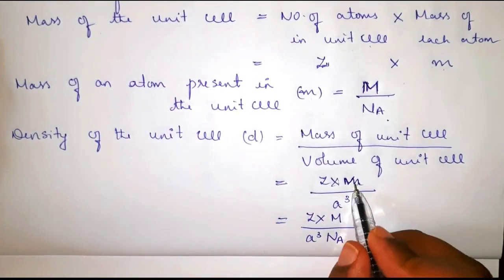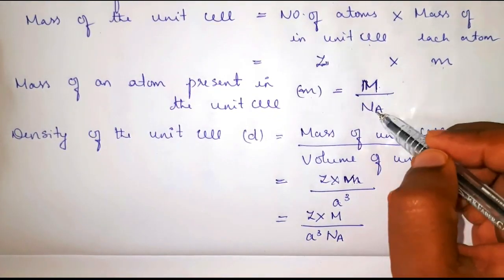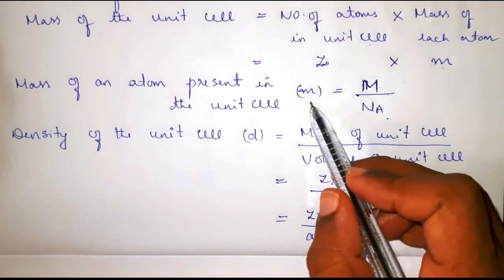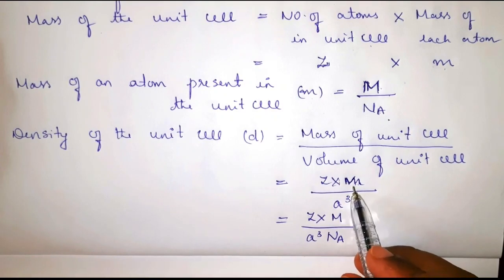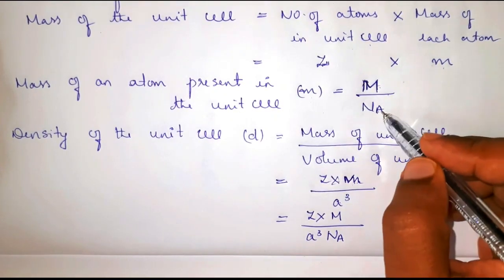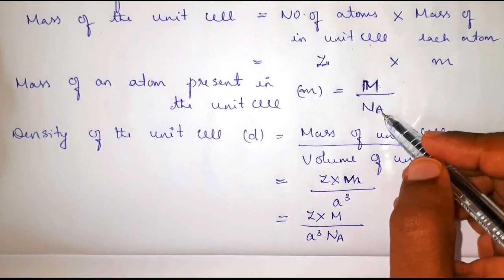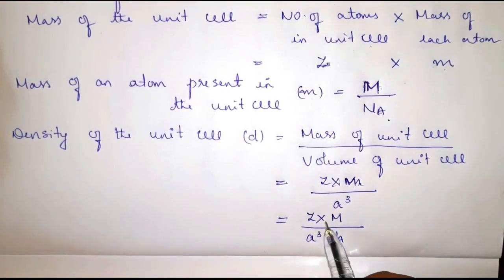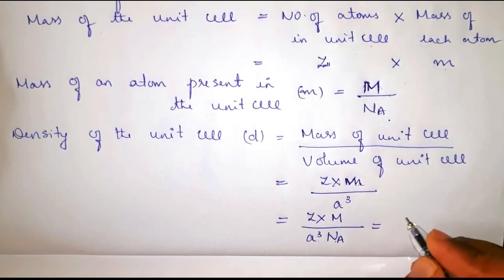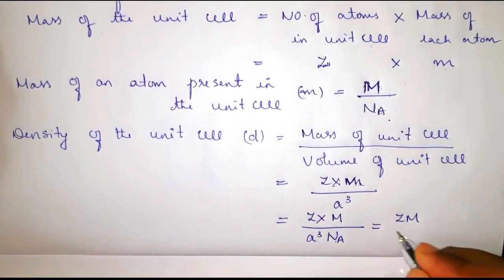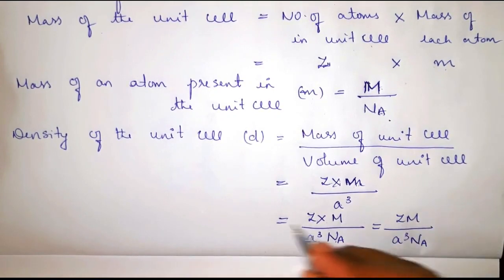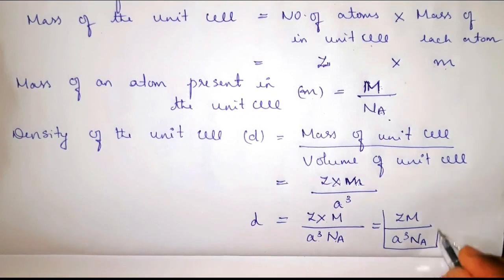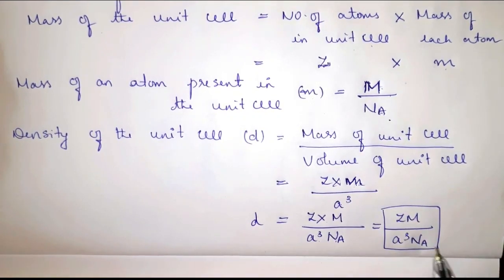Instead of small m, you substitute capital M by Na, that is molar mass by Avogadro number. So you will get Z into M by a cube Na. Zm by a cube Na, that is the density. So this is the equation.